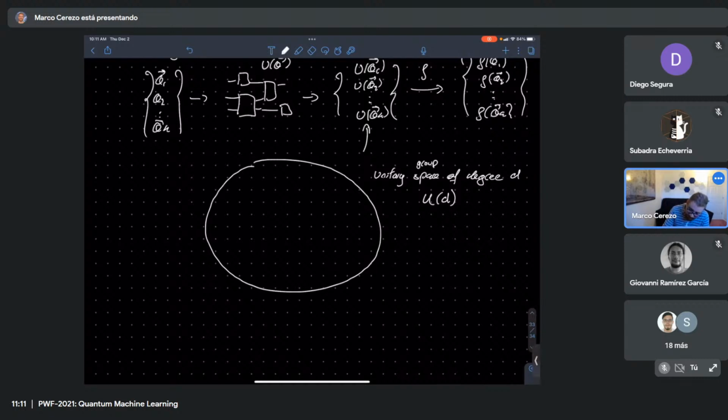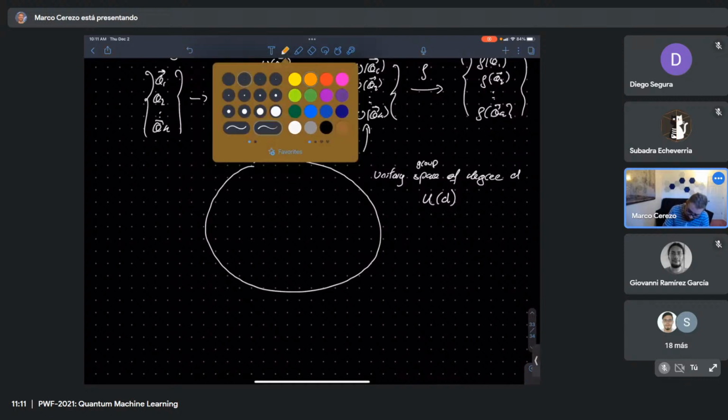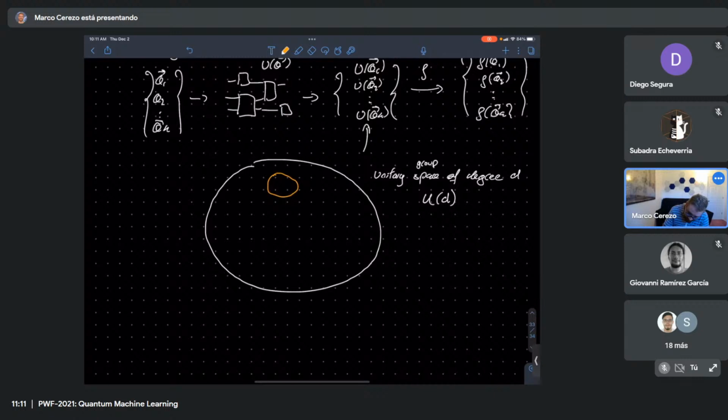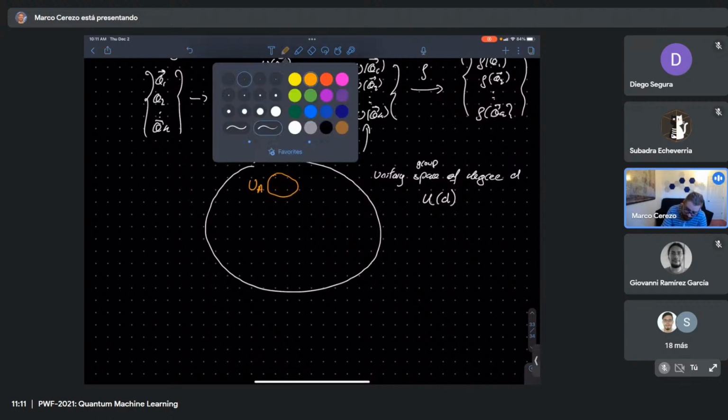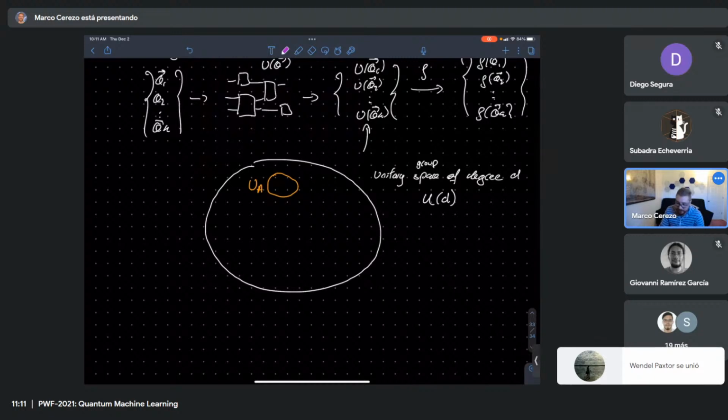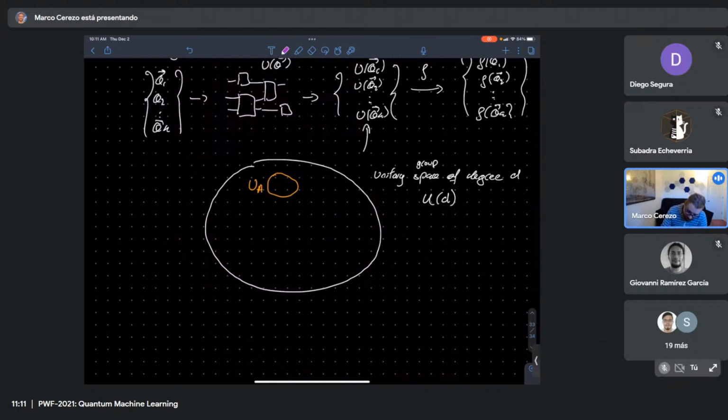Given a problem, there might be a set of unitaries. Say this is the set of unitaries that solve my problem A. What we want to do is try to build a set of unitaries that has some overlap with this right here. So maybe the set of unitaries that my circuit can produce, if it's problem inspired, is just like this.